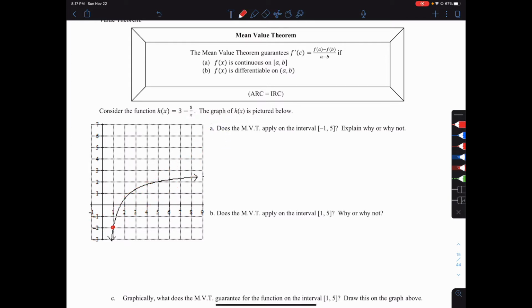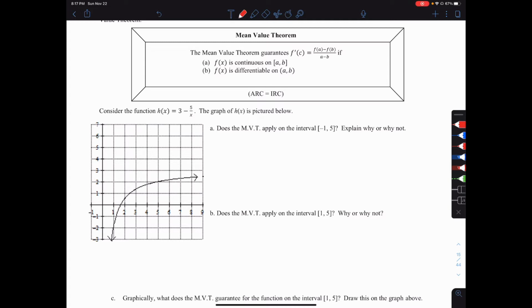Let's pick a different pair of points. Say we just pick these 2 points. So that's a secant line. If I wanted to find the slope of that secant line, that's the average rate of change. If I were to take a parallel line, there has to be some place where it's tangent to the curve. It's essentially what the mean value theorem is saying.